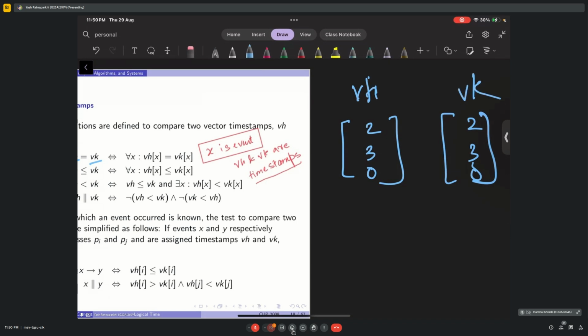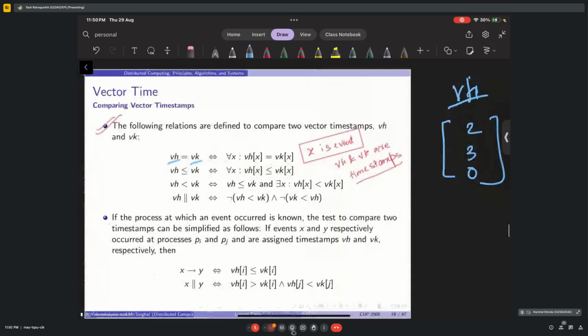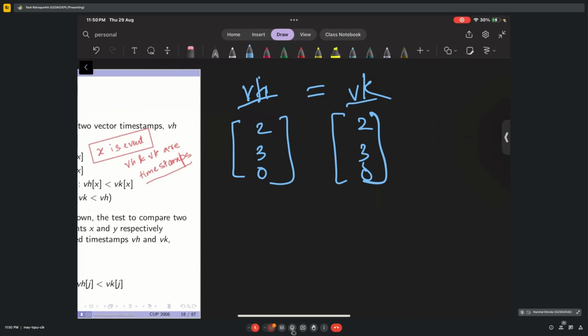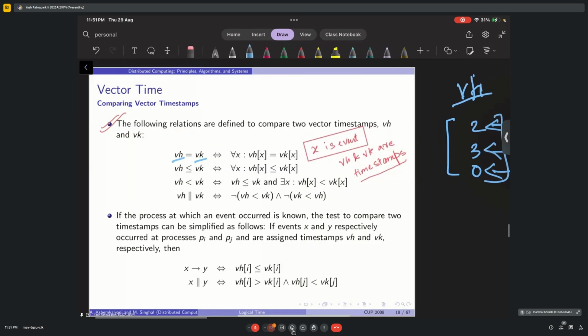VH is a timestamp, VK is a timestamp. If these two timestamps are equal, then each of the rows for them should also be equal. That means 2 should be equal to 2, 3 should be equal to 3, and 0 should be equal to 0. If each and every row is the same, then we can say VH is equal to VK. This is the first point. Understood this thing? So VH of X is basically VH of 0, VH of 1, VH of 2.